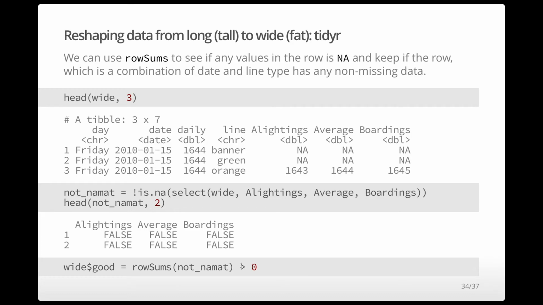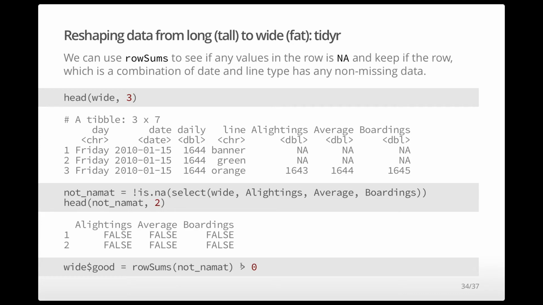So here, not NAMAT is saying give me a TRUE if it's not missing. You see the first 2 records up there have all NAs, and that's why they're FALSE here. If you do the rowSums, it counts them up, and if it's greater than 0, it's good, which means it has some data in there.